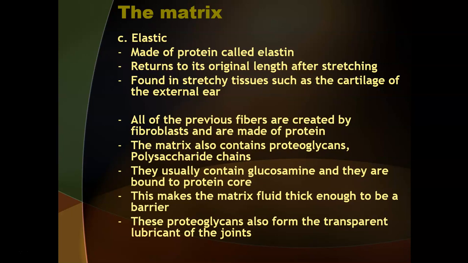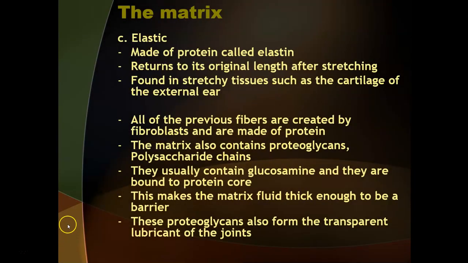But what glucosamine and polysaccharide chains, these proteoglycans, do is help thicken the matrix so that it ends up being a barrier. The proteoglycans also form the transparent lubricant of the joint. So synovial fluid is actually created by these proteoglycans.